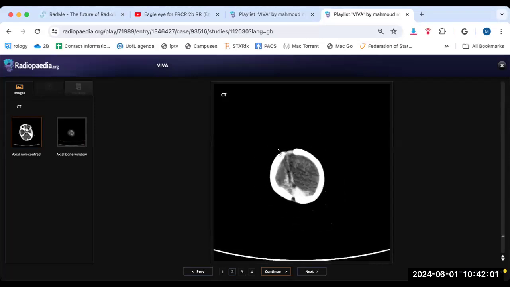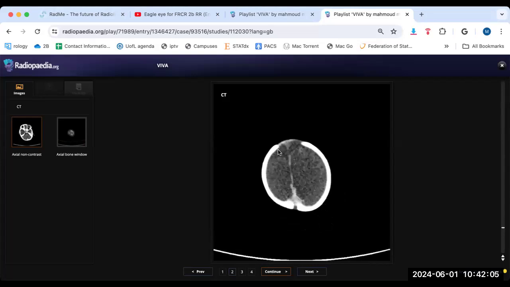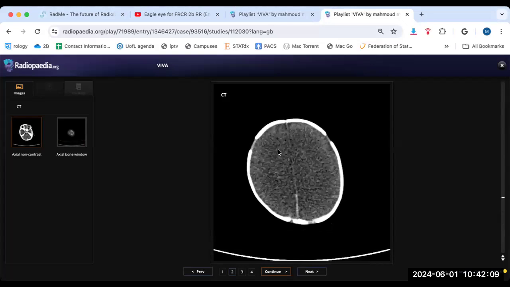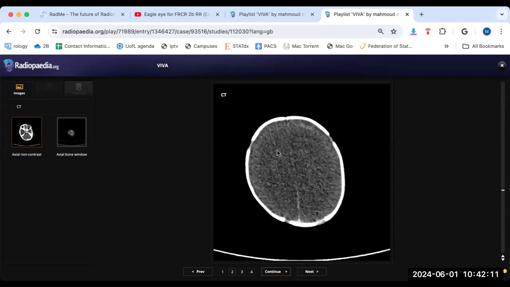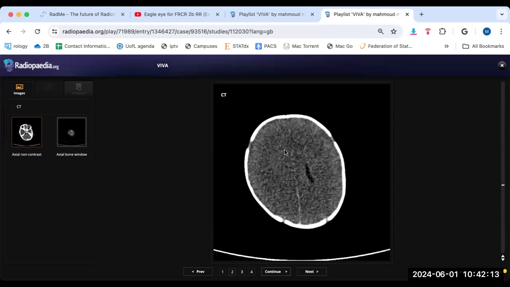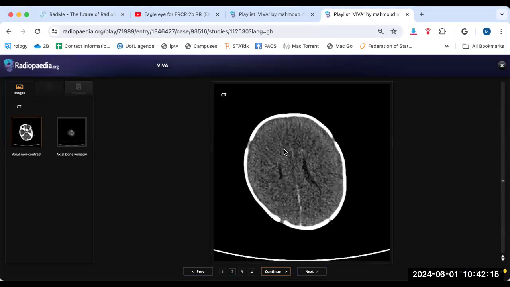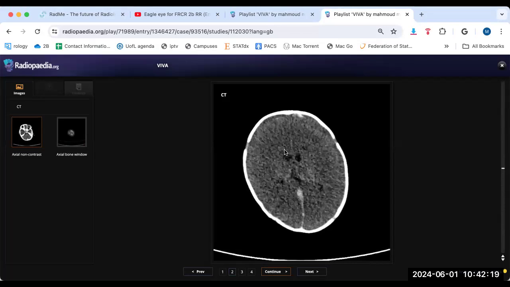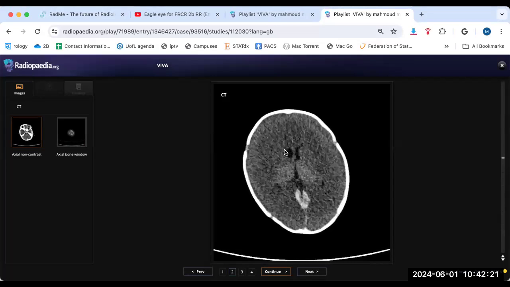So this is a CT scan for a young child from the skull bone. It is less than 1 year, I think. I am still scrolling here.